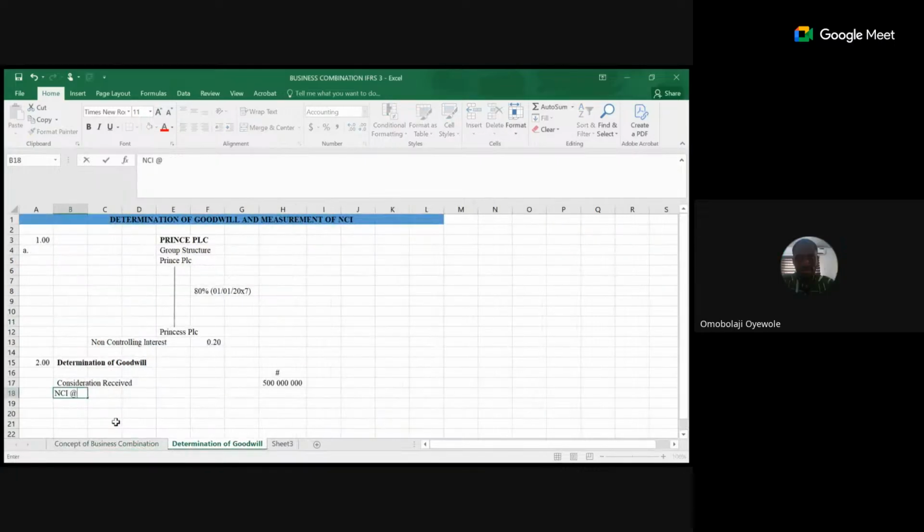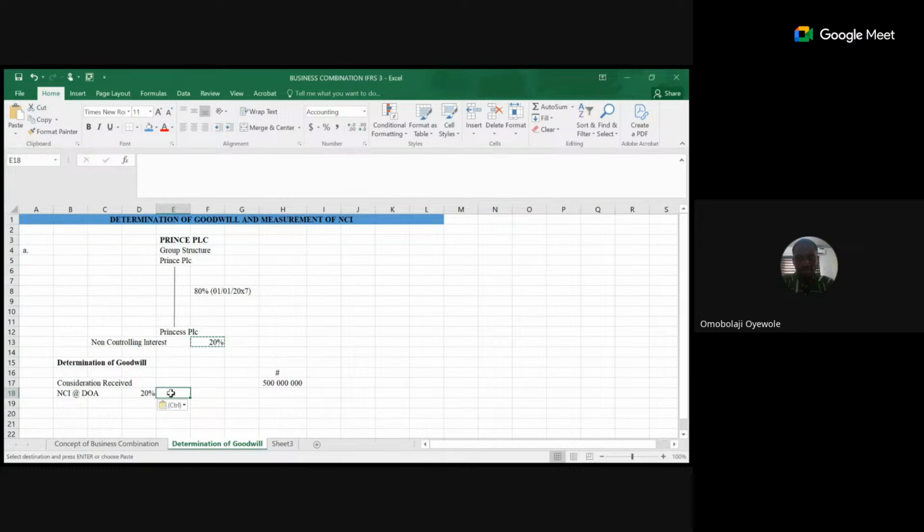NCI at DOA. Now, how do I get NCI at DOA? We have been told in the question that what we should use is proportionate share of identifiable net assets, right? Yes. So what is NCI's percentage? 20%.